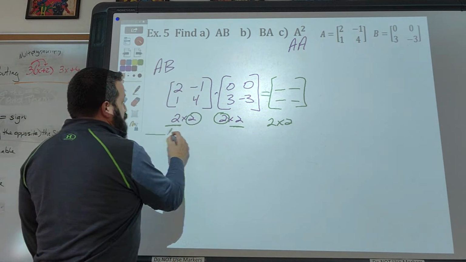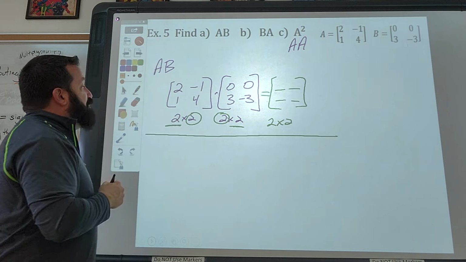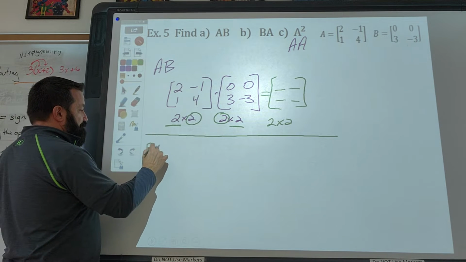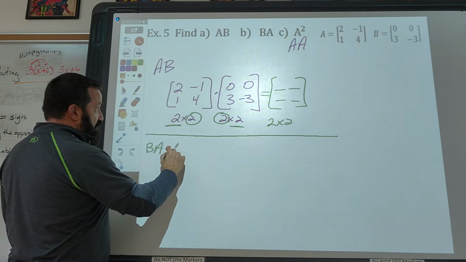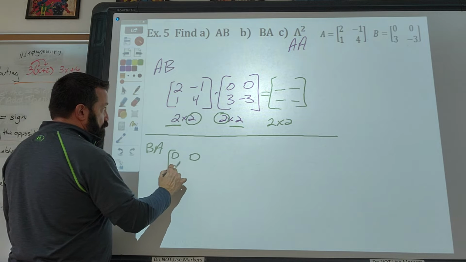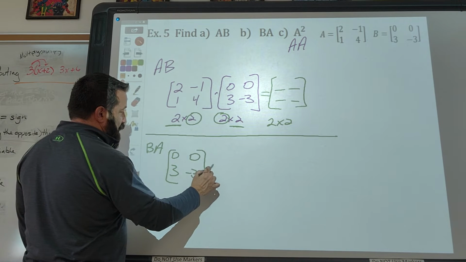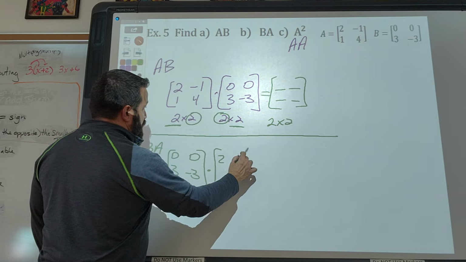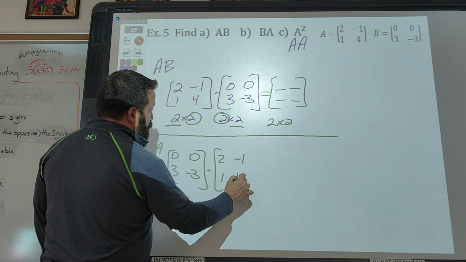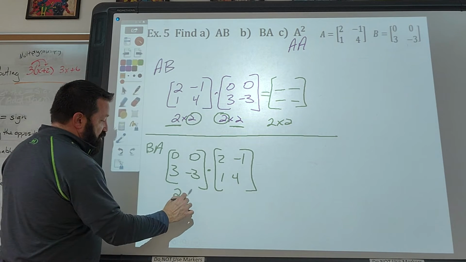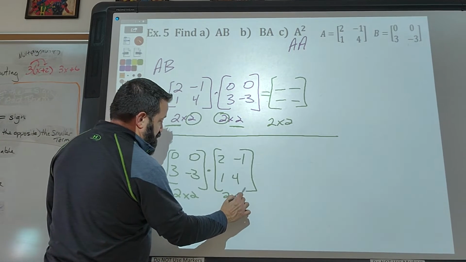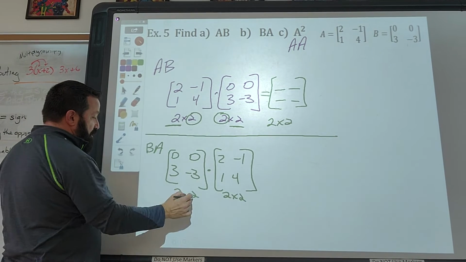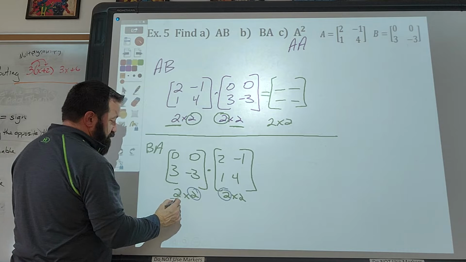When I'm doing the second one, B times A, that means I have 0, 0, 3, -3, and I'm multiplying it by 2, -1, 1, 4. This is a 2 by 2. This is a 2 by 2. The inner dimensions are the same, so it's possible.